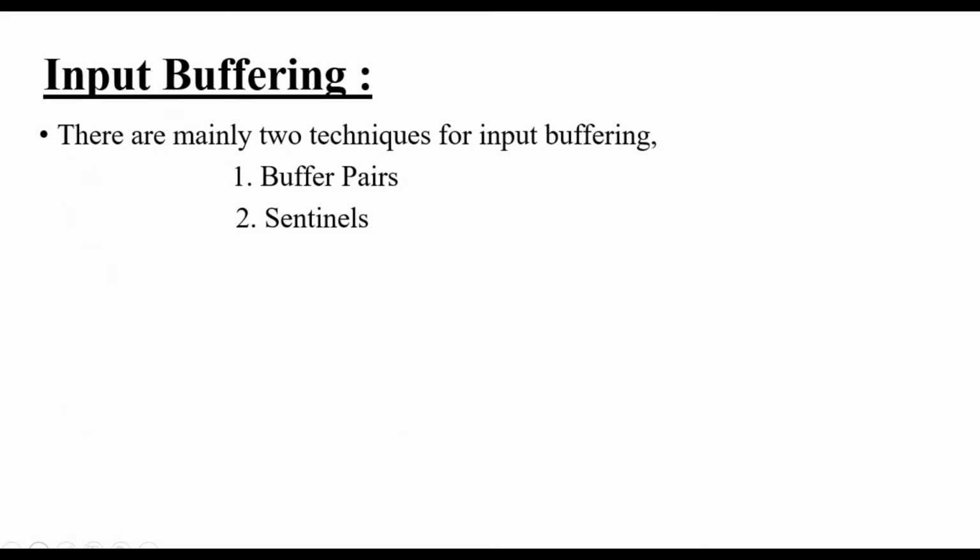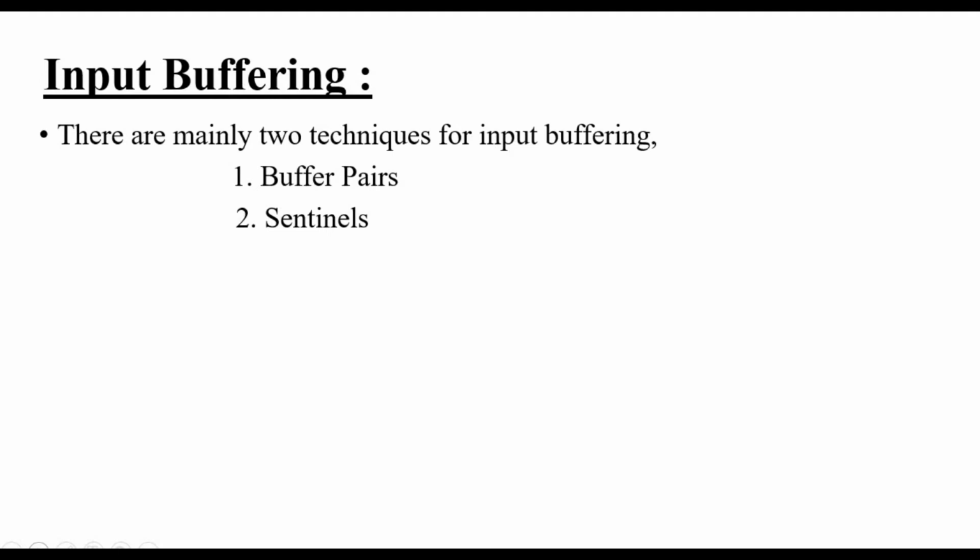Next is input buffering techniques, or why we use input buffering techniques for the lexical analyzer. So we already know that the lexical analyzer scans the input one character at a time. Then it is a time-consuming process in case of a large amount of input.